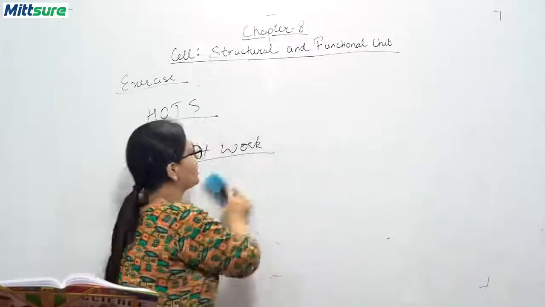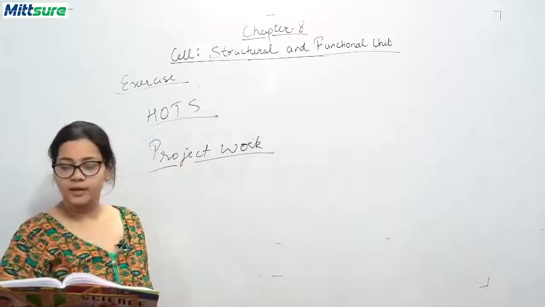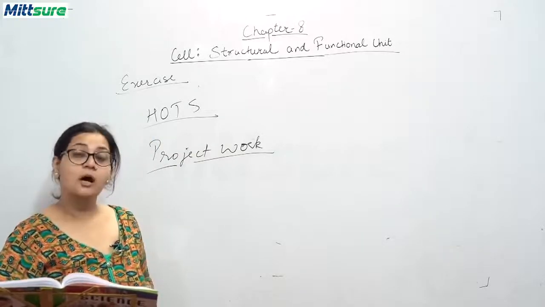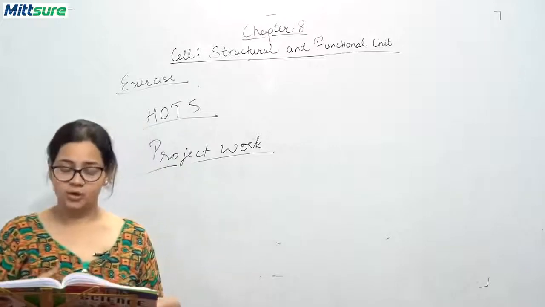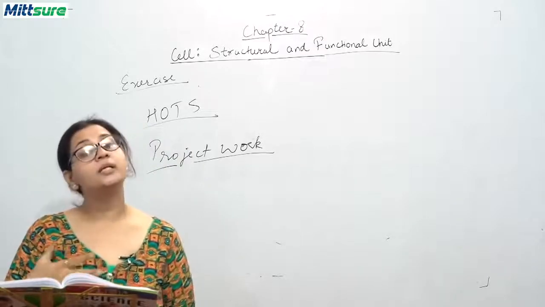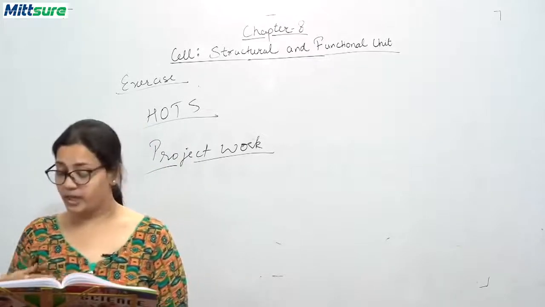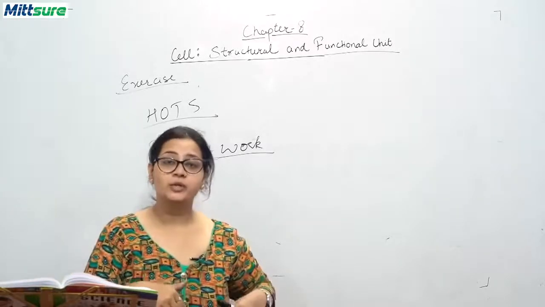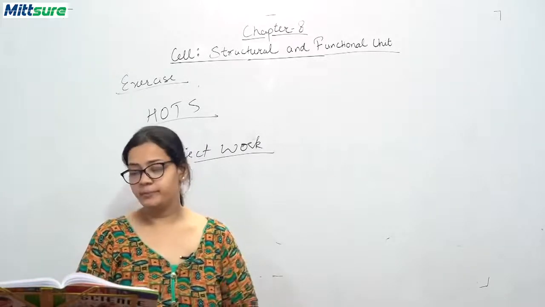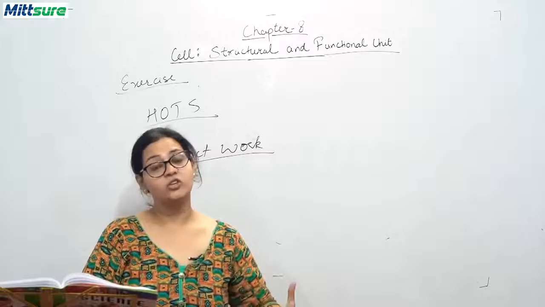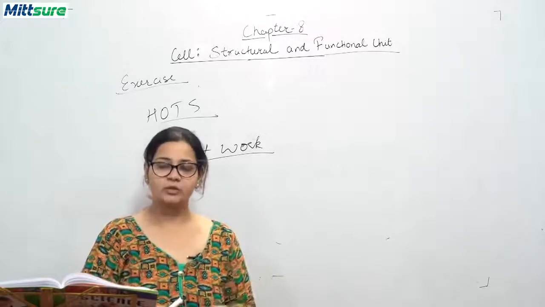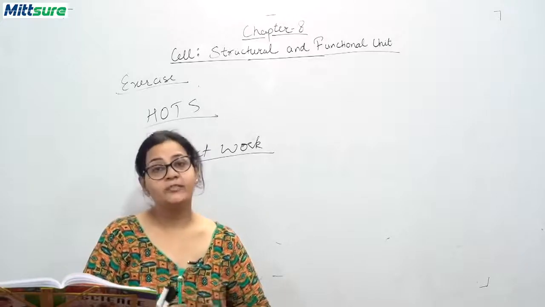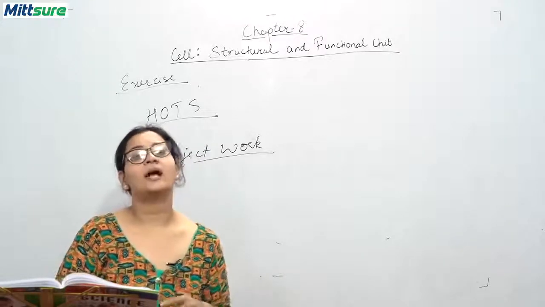Now the last is a discovery regarding Ernest Ruska and Max Knoll. You know, Max Knoll and Ernest Ruska invented the electron microscope, and because of this electron microscope, we are able to study the structure of the cell in detail. This electron microscope can magnify an object up to 1 lakh times.